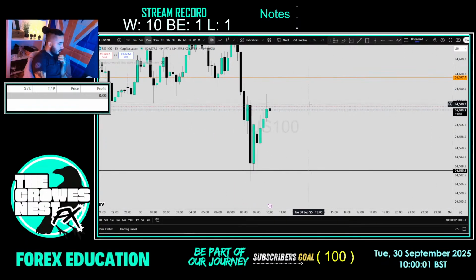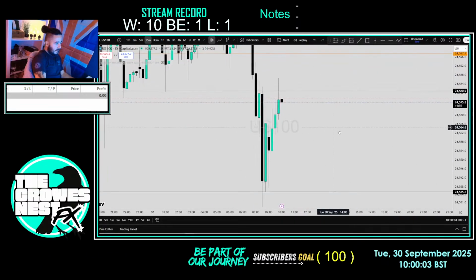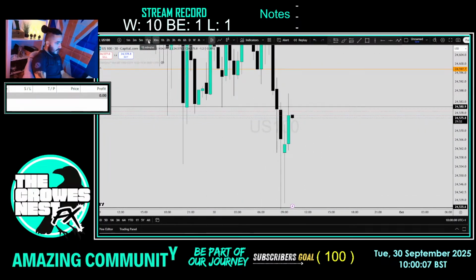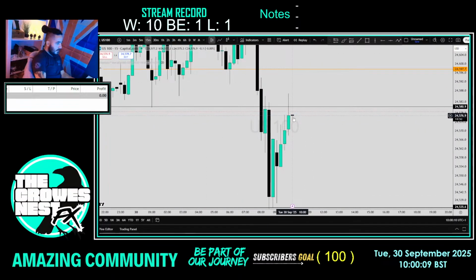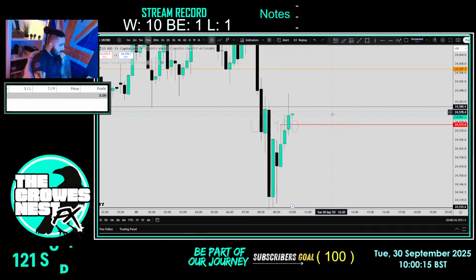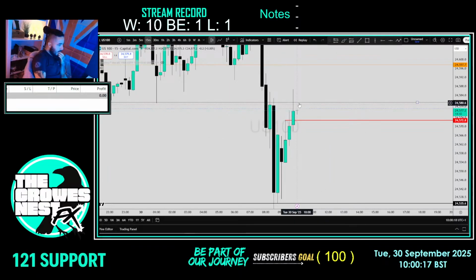So let's see if we can get a bottom wick here, you guys. 4. Come on, I need a stable one. Let's see if I can get to here, and a bottom wick.